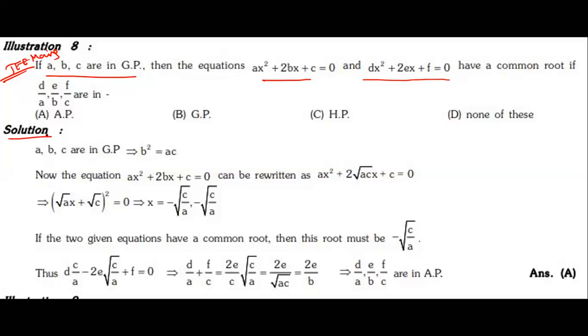Now see the solution. Since a, b, c are in GP, what is the condition? b square is equal to ac. Now the equation ax square plus 2bx plus c is equal to 0.